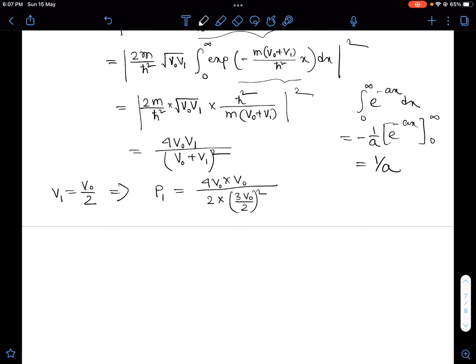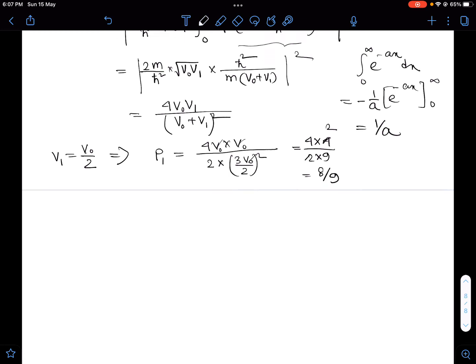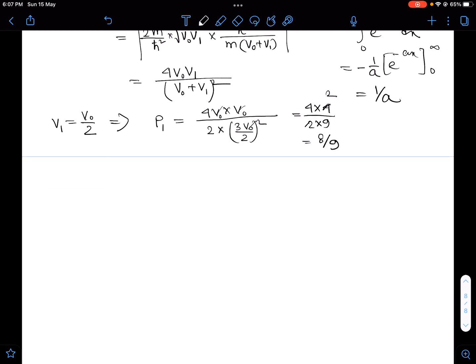So V0 cancels out, and we get 4 times 4 in the upper portion, and in the lower portion we have 2 times 9, so this is 8 by 9. So that is the probability, and let us find the value for when the potential is quadrupled.